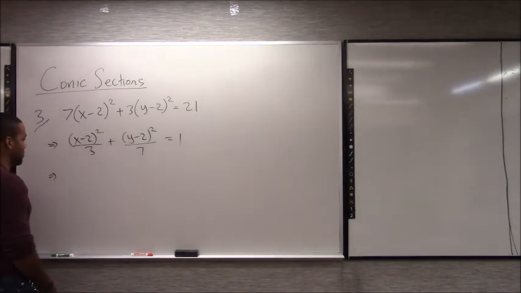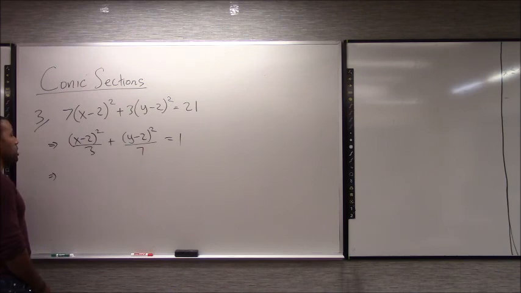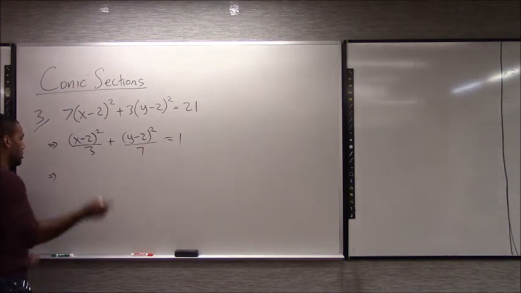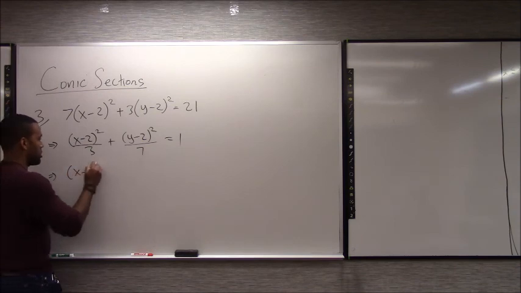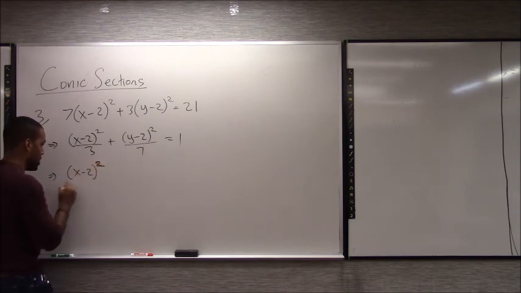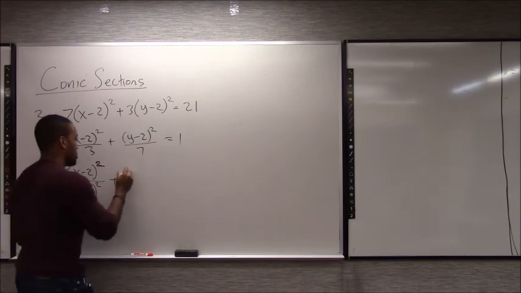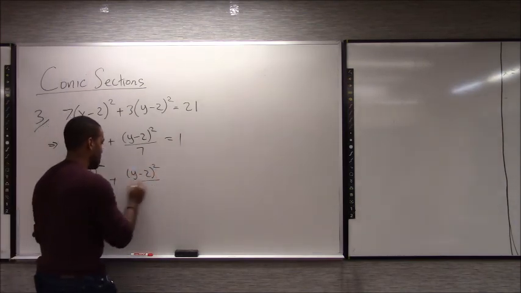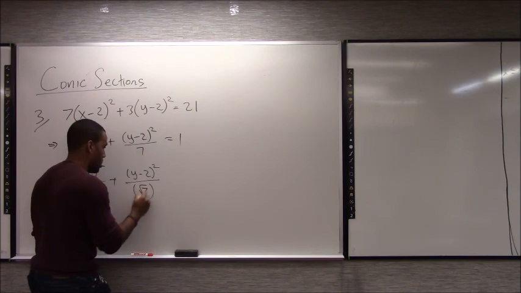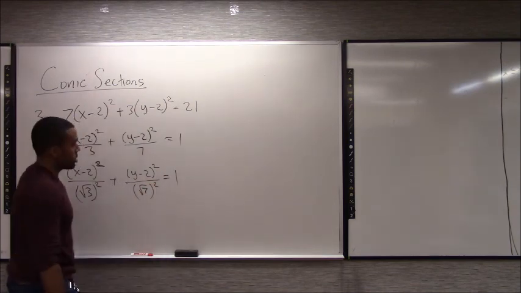Now what? Name the center and the other numbers. What is it? 3 and 7 are the ones we're going to want to use here. Red 3 and red 7. Right. So let's just write it like that, so we don't make the mistake of looking at the wrong thing here. So I definitely want to think of those as being over squares. Okay.